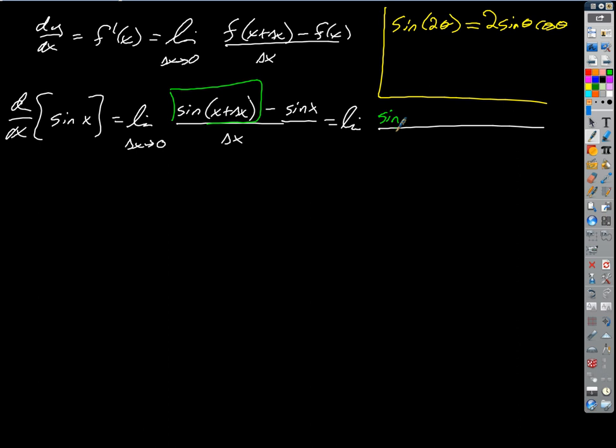So I always remember I'm going to get sine x cosine delta x plus the flip, cosine x sine delta x. Because in this case, up here, they were both theta. So I get sine theta cosine theta plus cosine theta sine theta gives me 2 of that product. That's how, in my mind, I always remember.